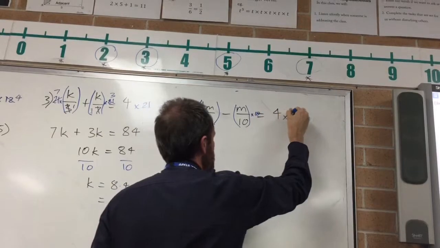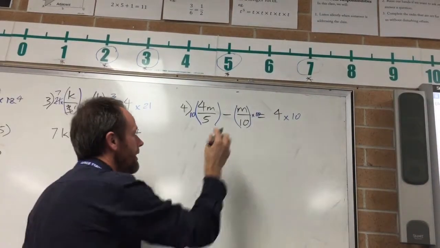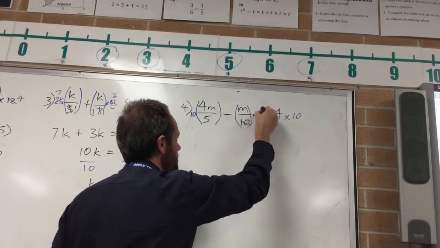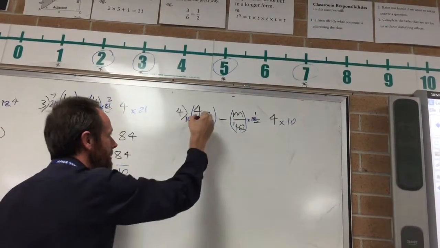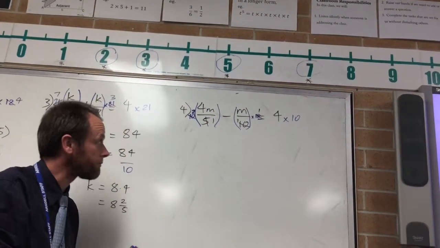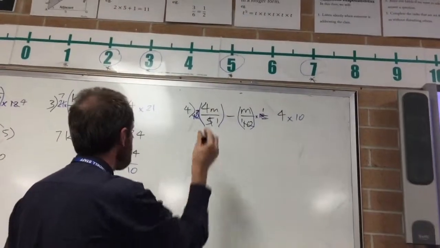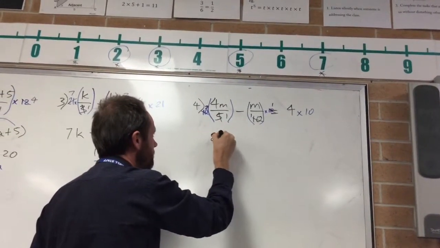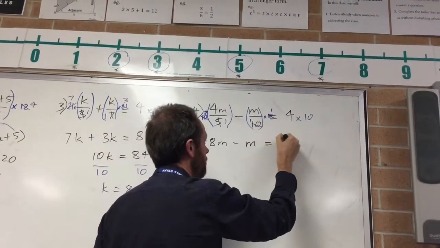But when we do that, it's going to make our maths much easier, because you can see here, if I divide by 10 and multiply by 10, they just cancel out. If I multiply by 10 and divide by 5, that'll just cancel out to 2. So what do I end up with? 2 times 4m is 8m minus just m is equal to 40.